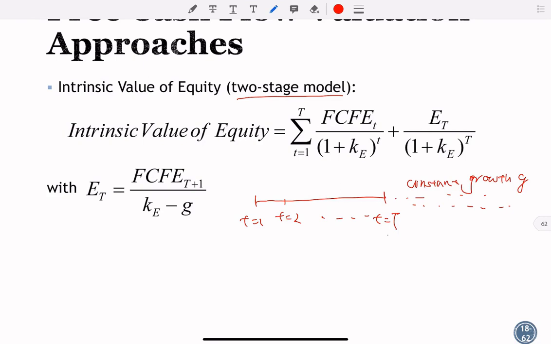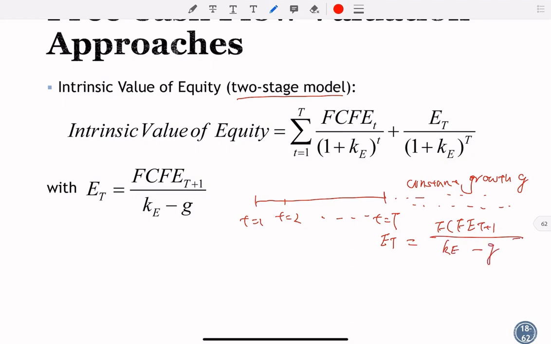And then in a similar spirit, we would want to find E_T, that is the value of the equity on date capital T. So this gives us FCFE T plus 1 divided by the cost of equity minus the growth rate, right?